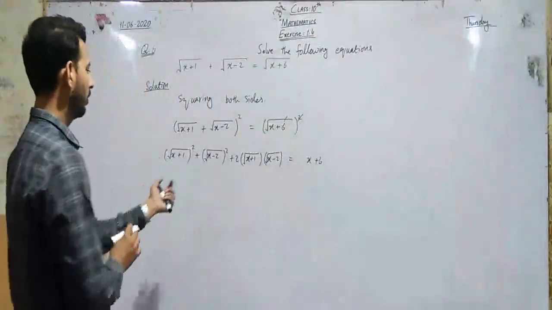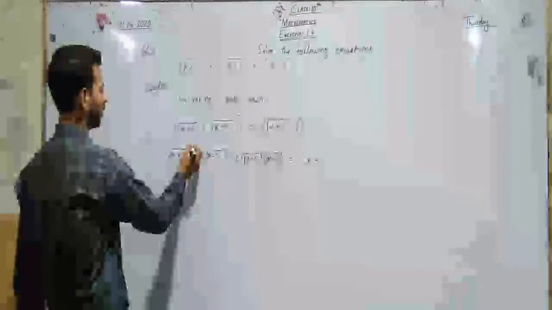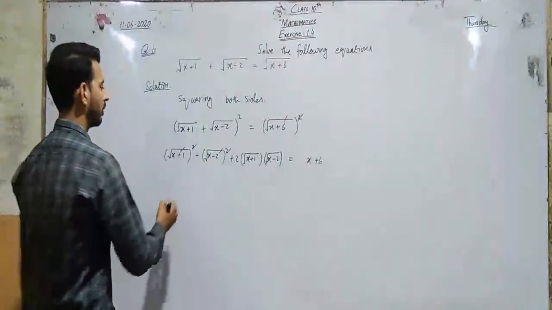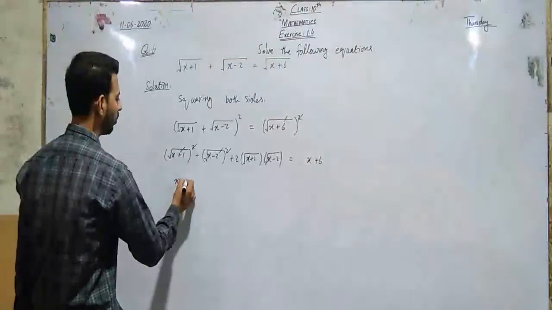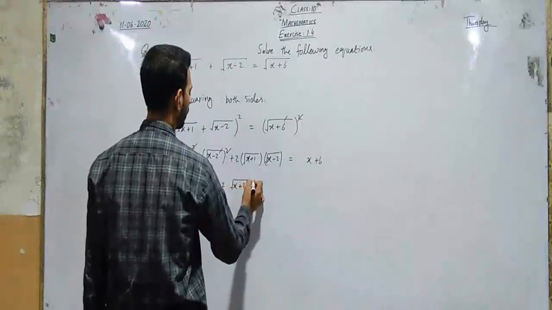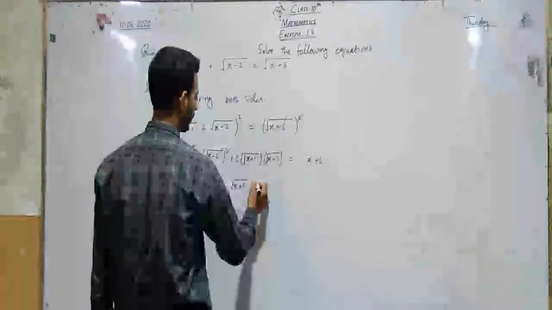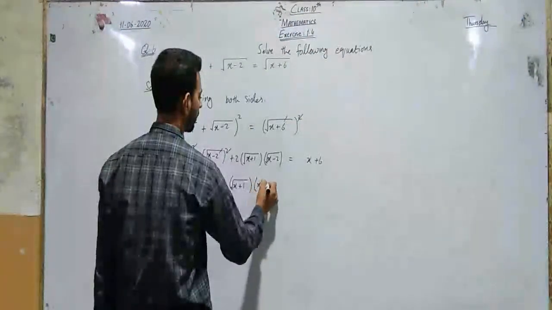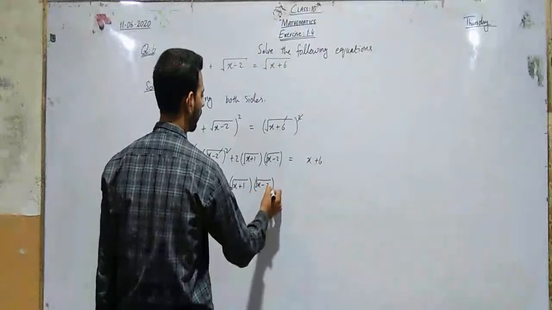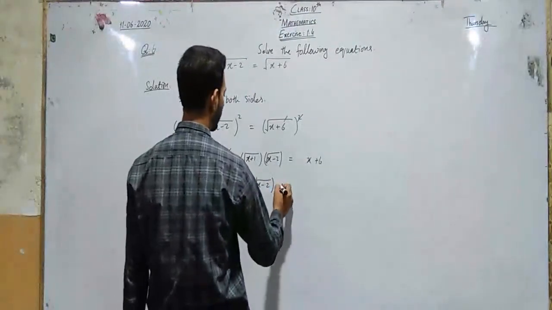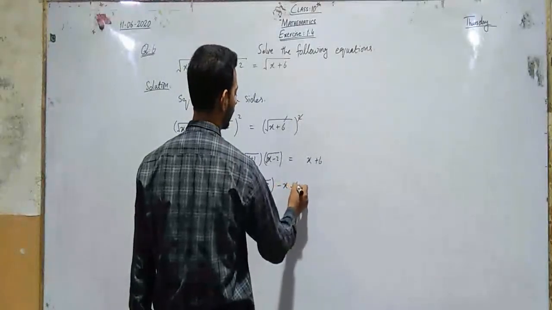Now students, we will cancel these squares with the square roots here and here, so that will become x plus 1 into x minus 2, and that will also come to this side, so that is minus x minus 6 equals 0.